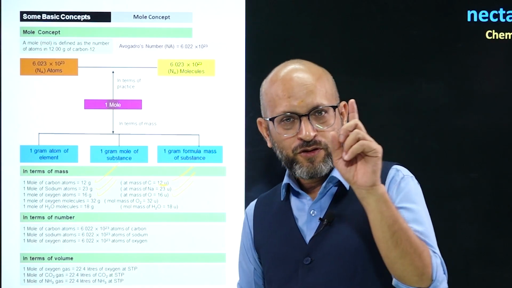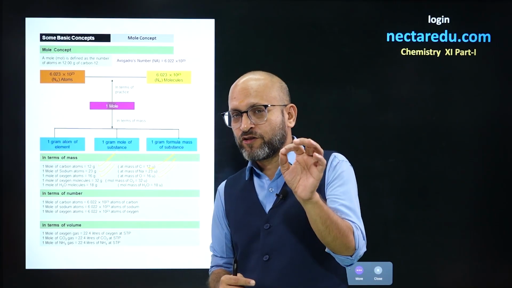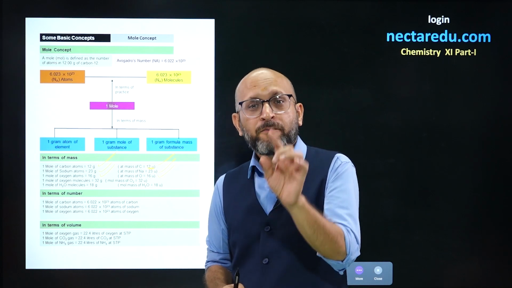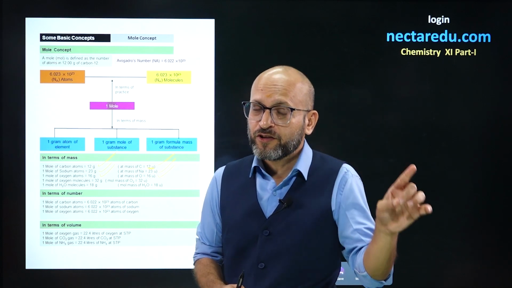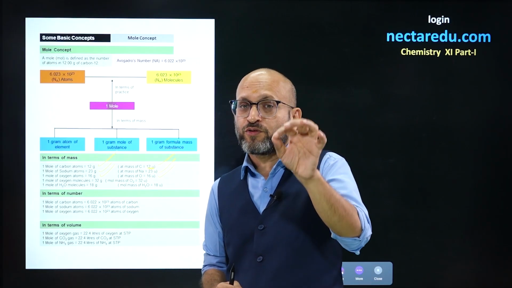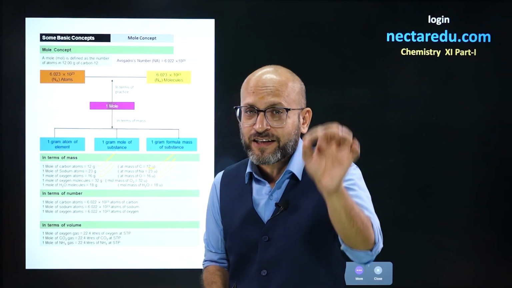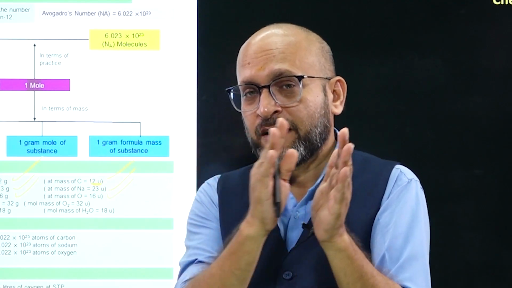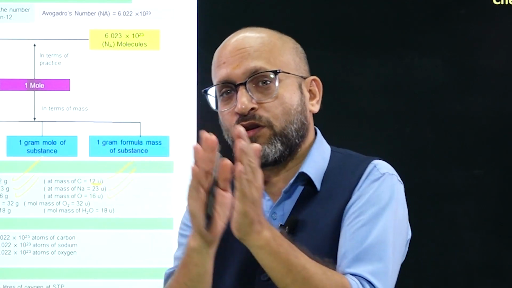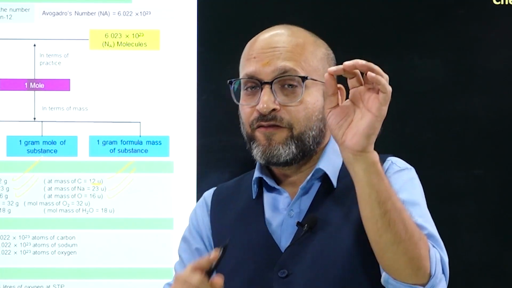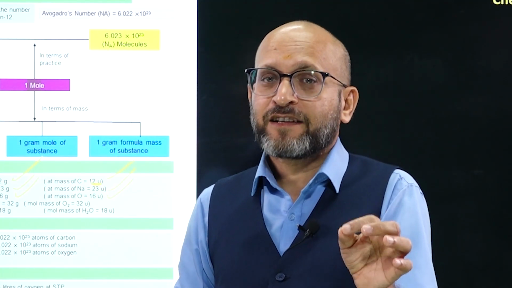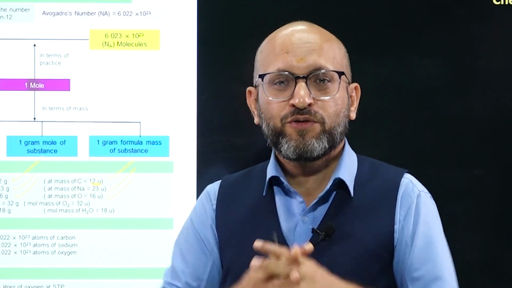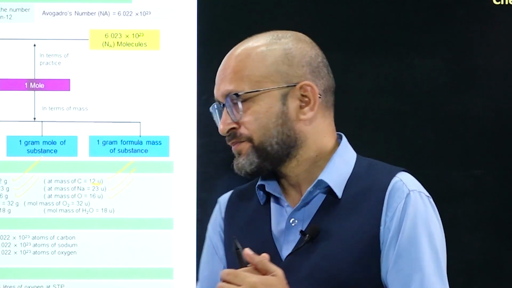If the mass of one molecule of water is 18 u, the mass of 1 mole water molecules, that is 6.022 into 10 to the power 23 molecules of water, will be 18 grams. That's interesting, right? You just change the unit and you get your answer.